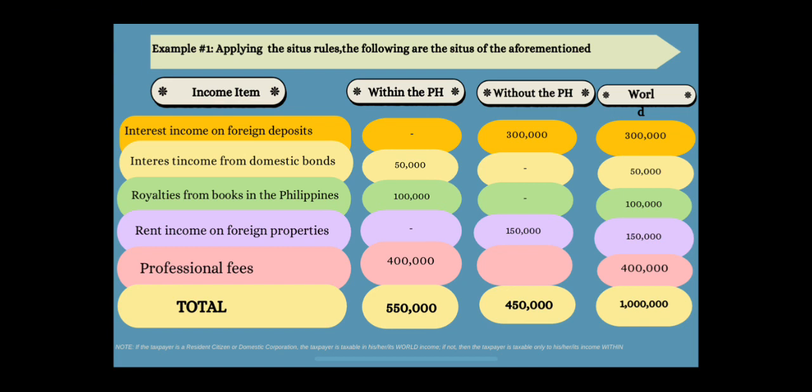For interest income from domestic bonds, resident citizens and domestic corporations are taxed on worldwide income including interest from domestic bonds. Non-resident citizens and foreign corporations are taxed only on Philippine source income, including interest from domestic bonds.